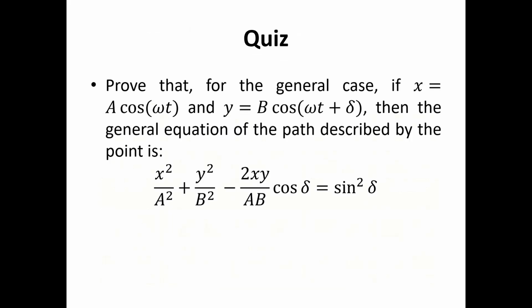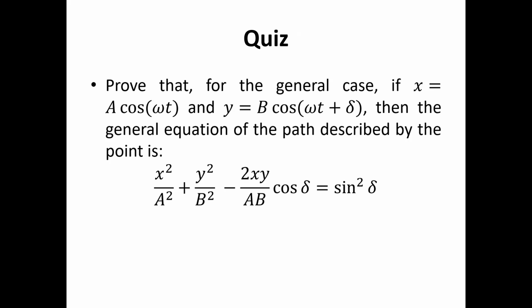Using this notation and this method, we can show that x squared over a squared plus y squared over b squared minus twice xy over ab cos of delta equals sine squared delta, for x equal to a cos of omega t and y equal to b cos of omega t plus delta. This is a more general case where we have two different amplitudes of the motion and a general phase difference delta.